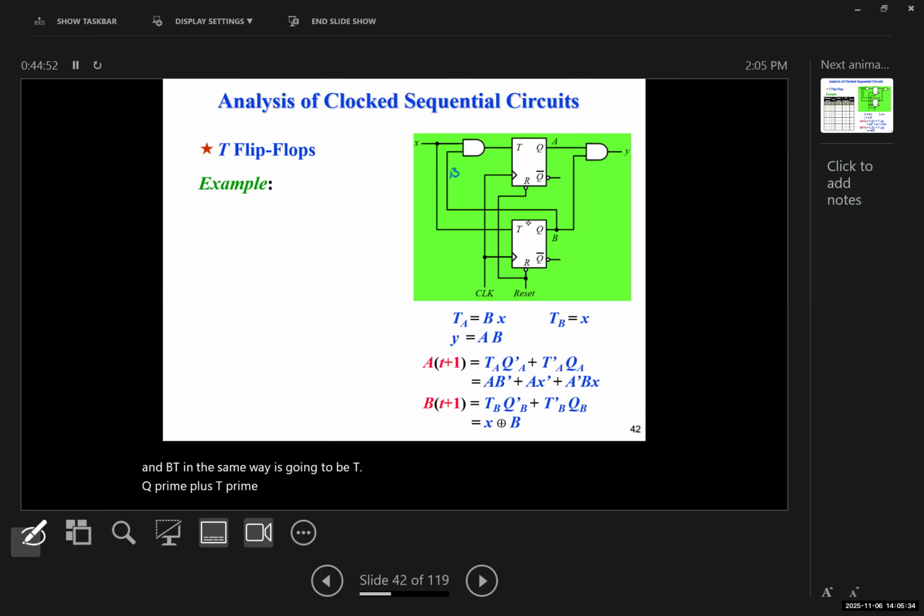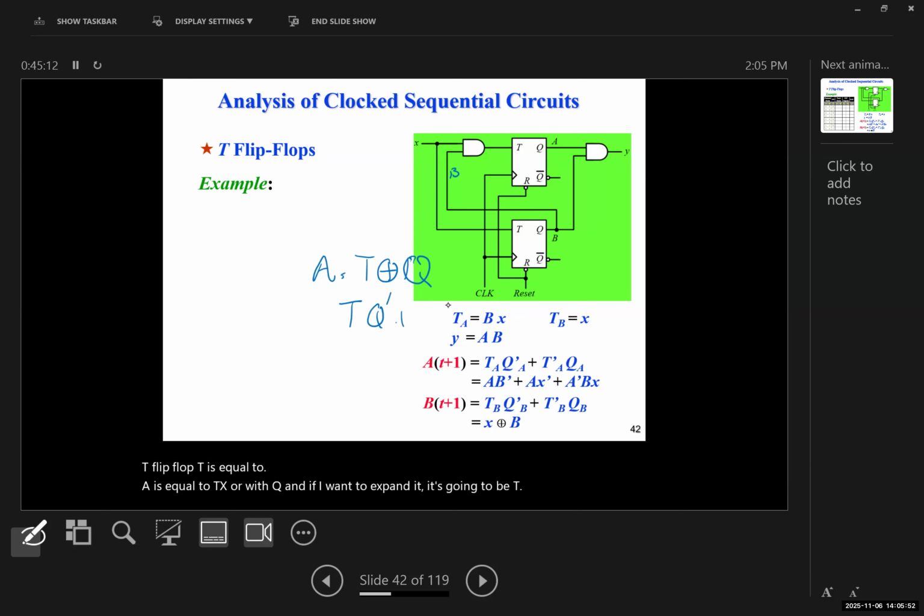By the way, for a T flip-flop, A is equal to T XOR with Q. And if I want to expand it, it's going to be TQ' plus T'Q. Okay, this is the equation for the output of a T flip-flop.